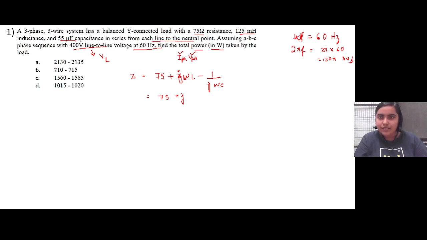So the frequency is given here. Sorry, I have written f by mistake. Calculate omega. Omega is equal to 2 pi f, so this is 120 pi.